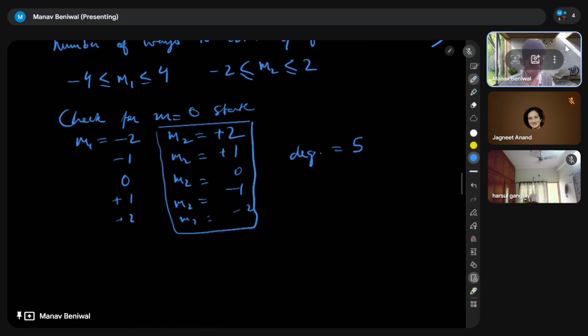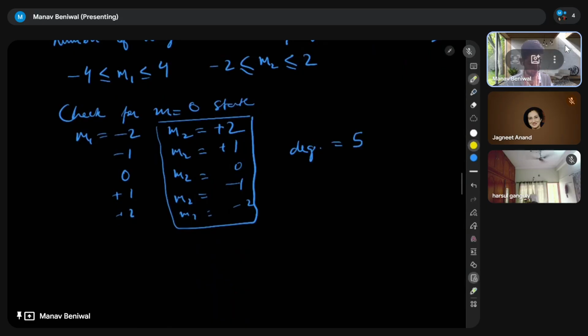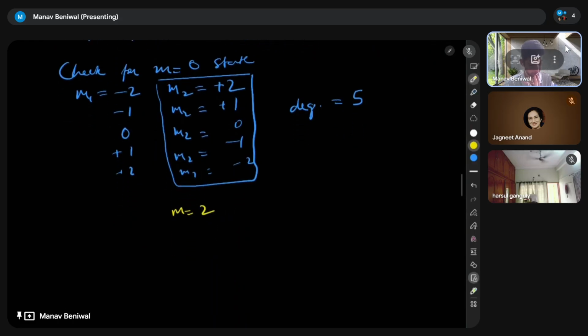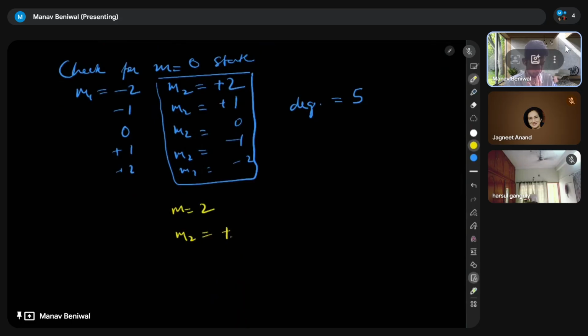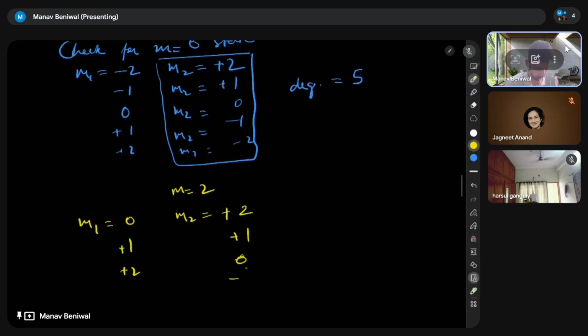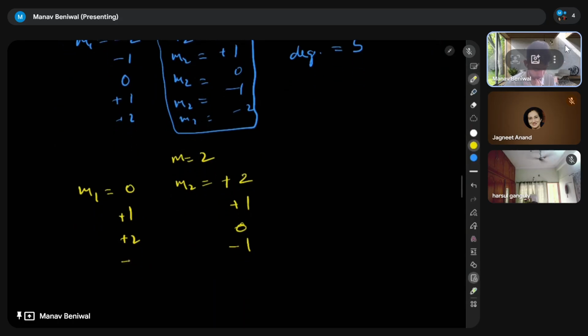Had we taken some other state, for example total m equals 2, then for m2 as +2, we would have m1 as 0, and then +1 +1, for 0 it has to be +2, for -1 it had to be +3, and for -2 it had to be +4, right?